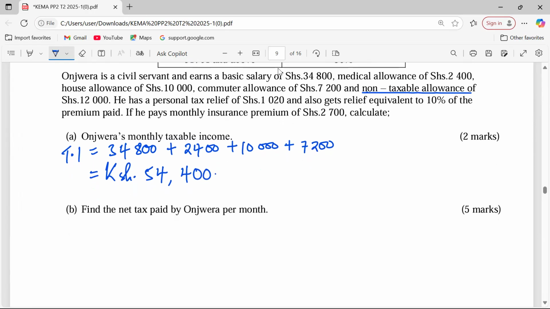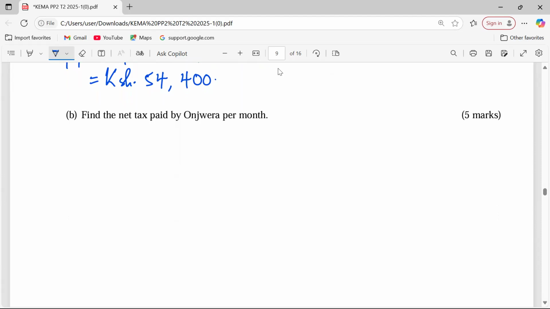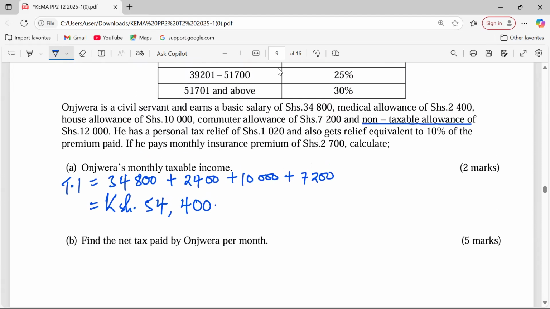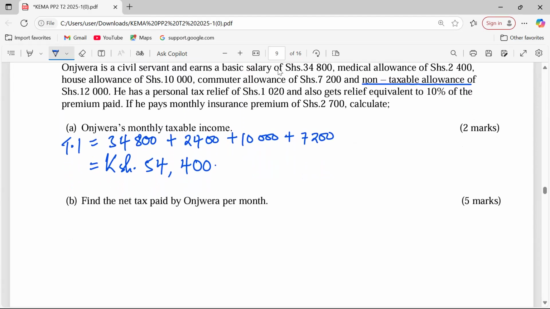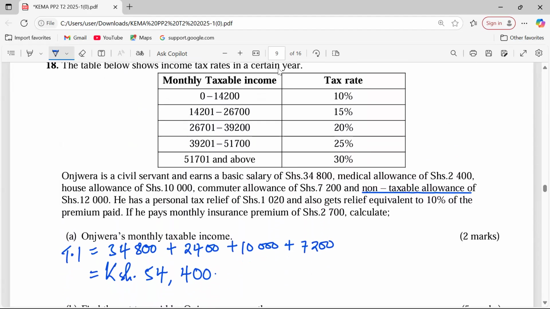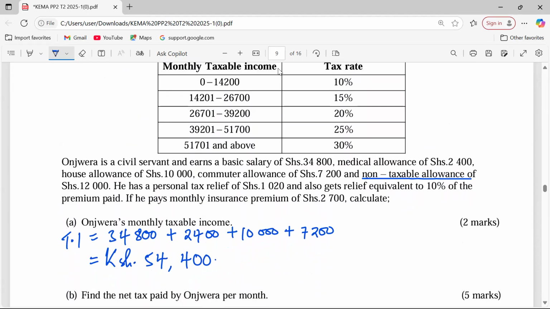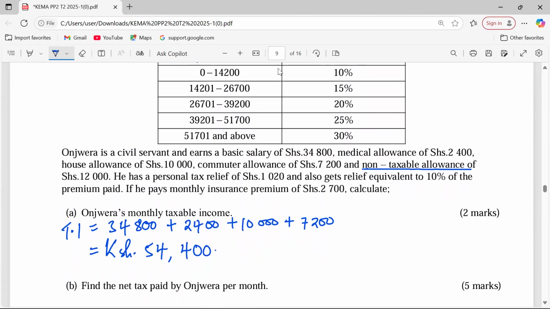Part B, find the net tax paid by Onjera. This gentleman now is going to pay some tax. Now we are going to follow the taxable income that you've obtained for us to tax.